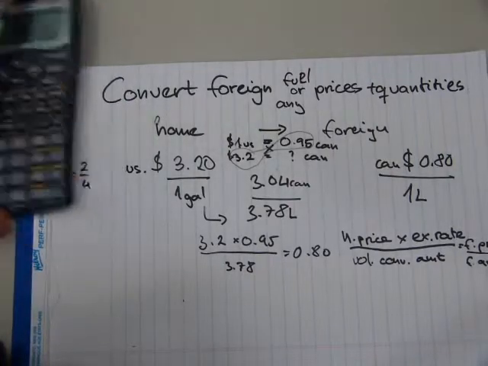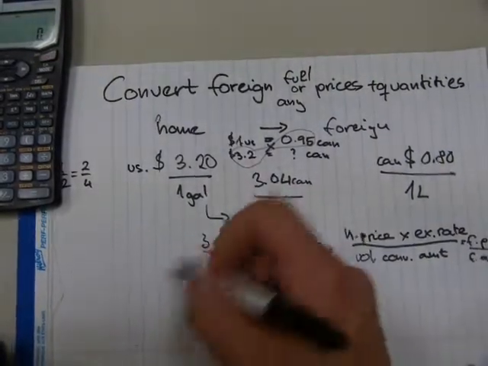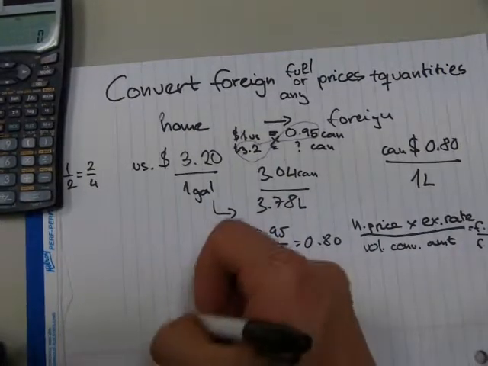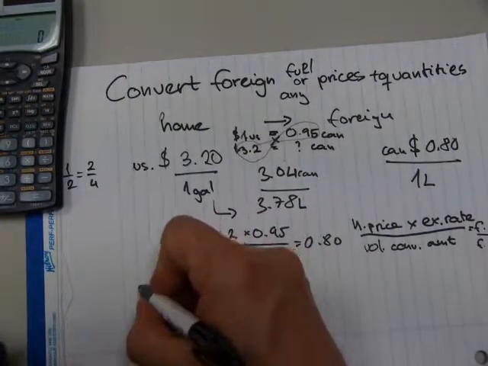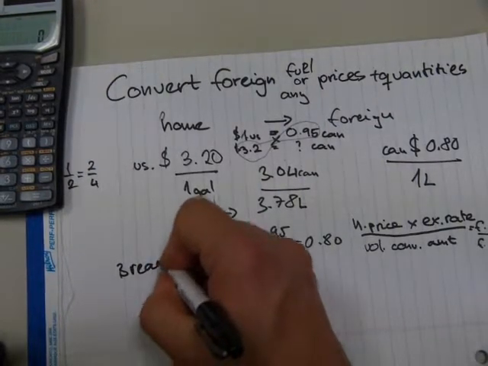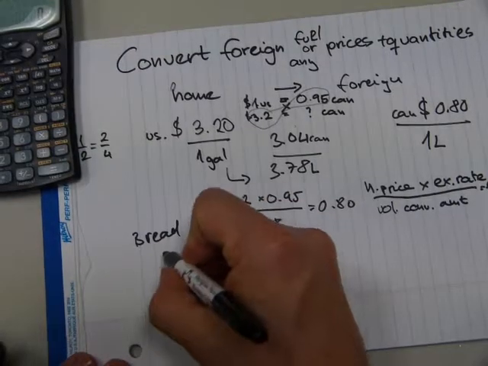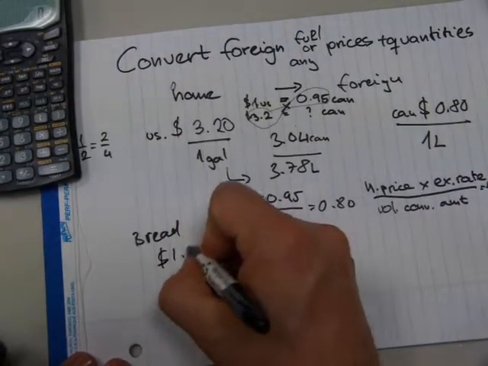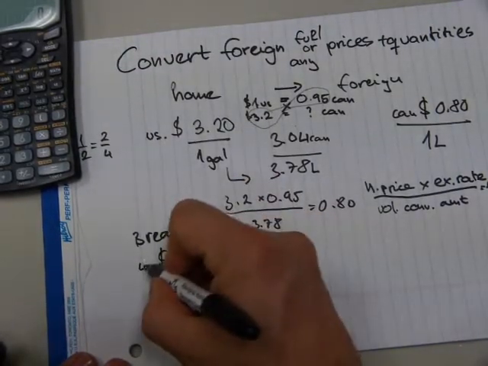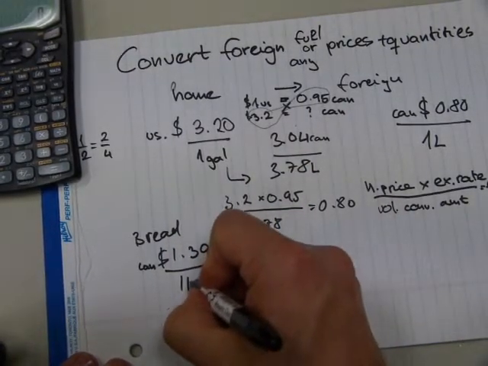Here's another example. Let's go from Canada to Japan, and let's go with bread. It's going to work the same way. Bread in Canada is $1.39, and that's for a 1 pound loaf.